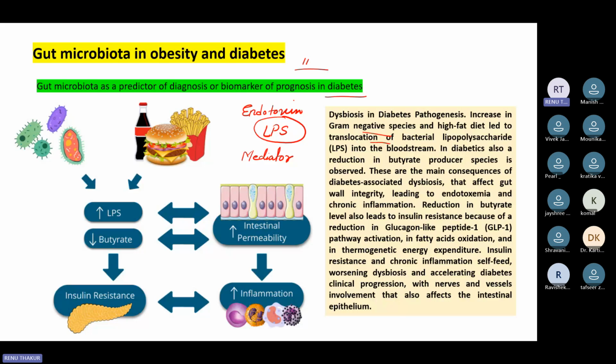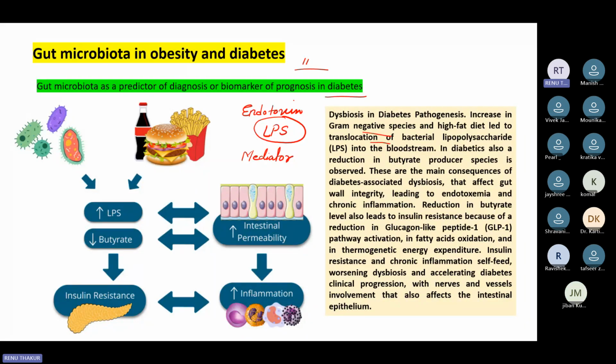neutralize the effect of the endotoxin, because this endotoxin has the potential to bind to any of your biomolecules or macromolecules, and then start a signaling cascade and have some bad consequences in your body. So if your immunity is intact, it will try to bring down the concentration of LPS by neutralizing it.